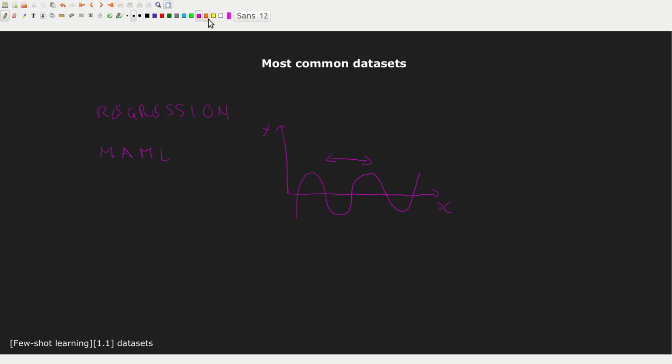But the idea here is that you pick some random points along this curve, right? And these will be your support points.